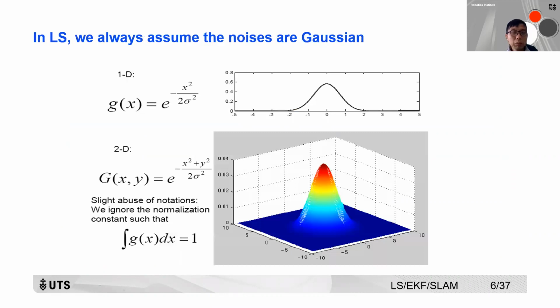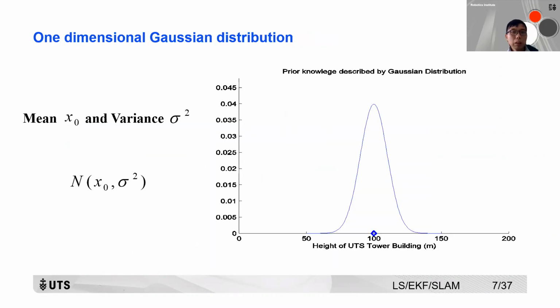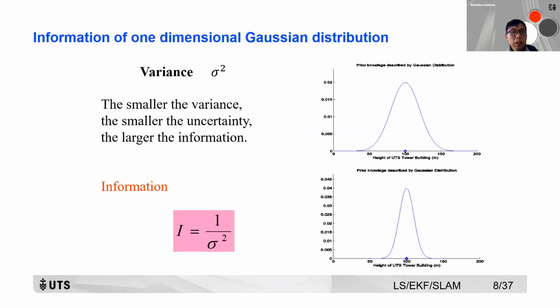First, I want to remind you again, we always assume Gaussian noise in least square. For a Gaussian distribution, for example in the one-dimensional case, we have a mean value and a variance. One concept, if you haven't known it yet, is called information.